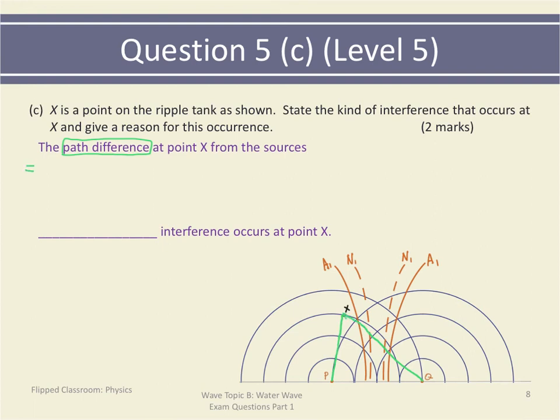So the path difference at X is QX minus PX. The distance of QX is 4.5 lambda and PX is 3 lambdas. So the difference is 1.5 lambda. That means when the waves reach the point X, they are out of phase. So destructive interference occurs at point X.